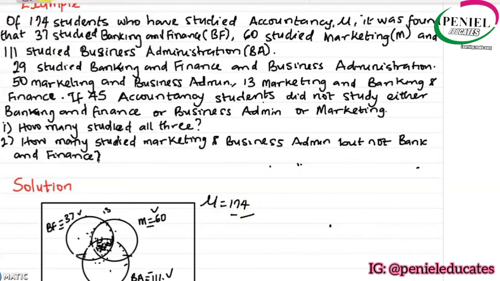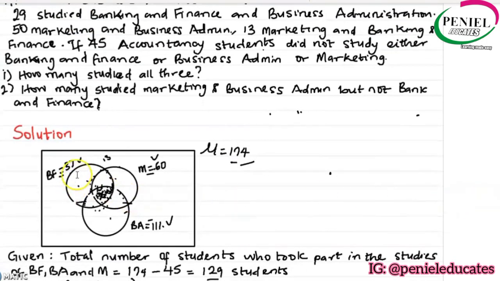All right, so let's look at how the Venn diagram is done. Like I said, we have 37 banking and finance, marketing 60, business admin 111. So now we have 45 who did not register for any.